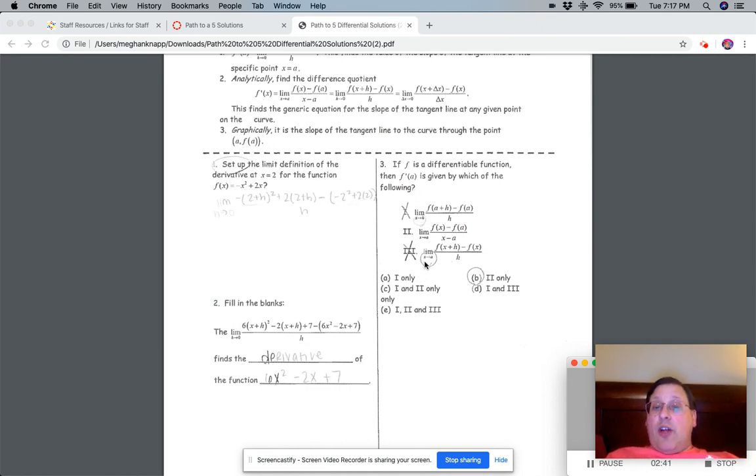And second of all, it would have to happen as h approaches 0 for this form, not as x approaches a. For number 1, we have the same issue that this has x approaching h. If this limit were as h approached 0, number 1 would also be a correct answer. But as it stands right now, 2 is the only thing that works.